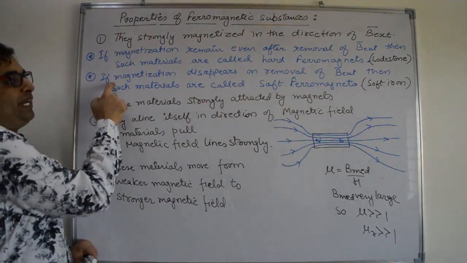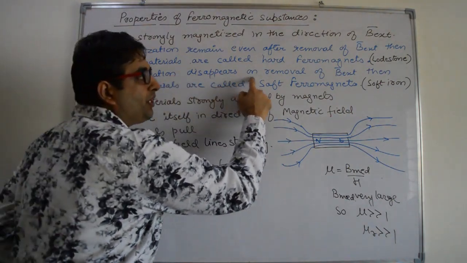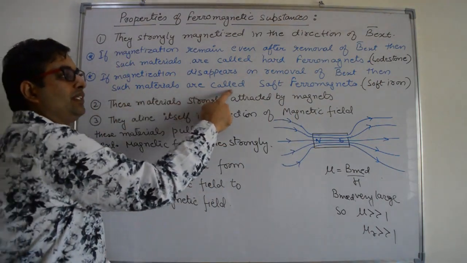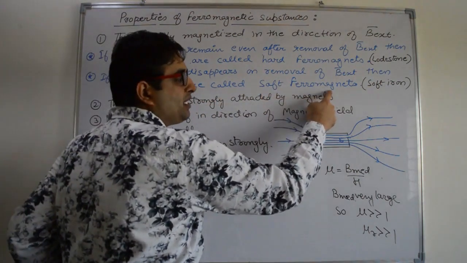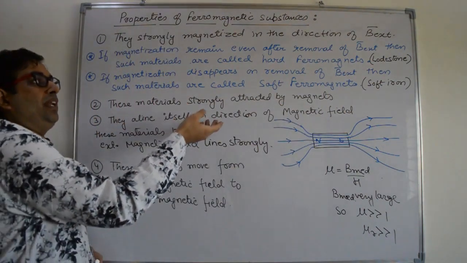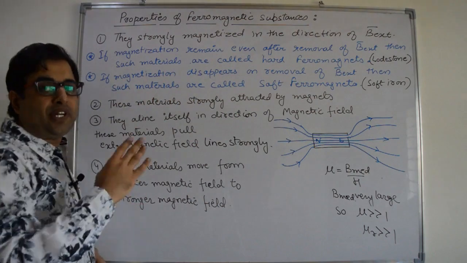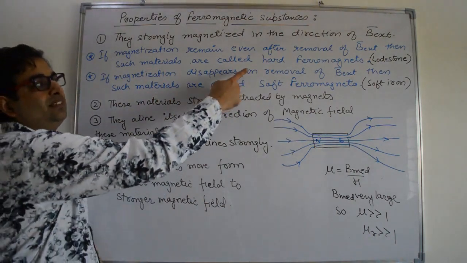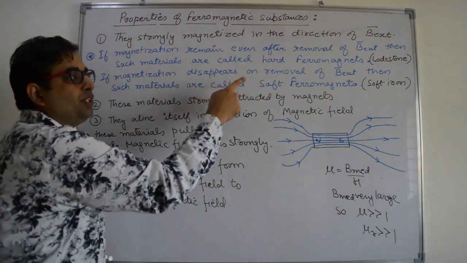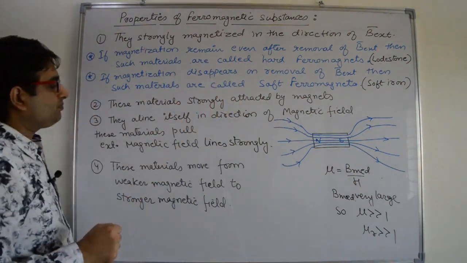Second type is if magnetization disappears on removal of external magnetic field, then these type of materials are known as soft ferromagnets, and example is soft iron. If magnetism remains in the material after removal of magnetic field, then hard. If it disappears, then it is soft ferromagnetic material.